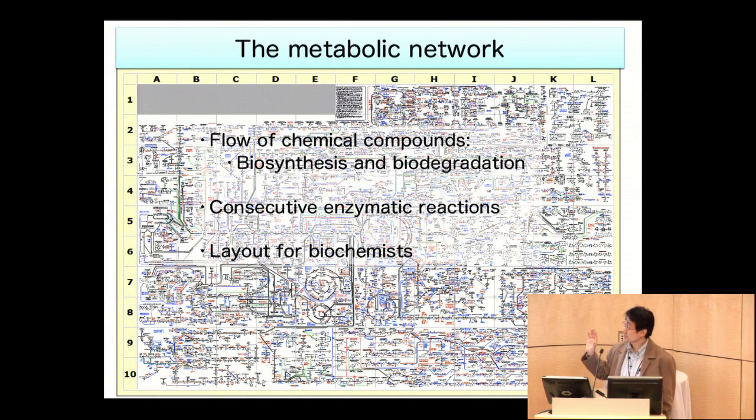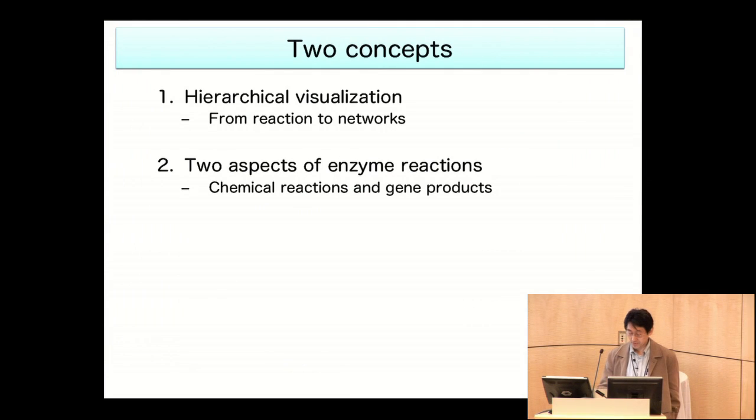To represent this kind of metabolic network in the computer, we basically had 2 concepts. One is a hierarchical visualization. We would like to represent the whole network, like the previous slide, down to the reaction itself in the computer for some analysis.